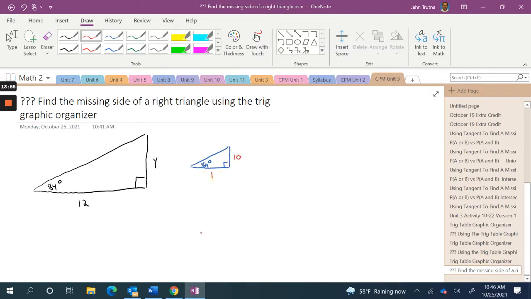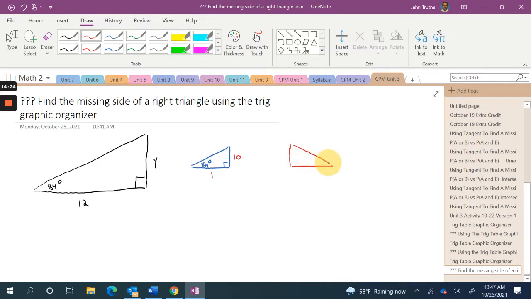Now, I do need to point this out when you do this. When you copy the triangle from the graphic organizer next to the given triangle, you have to orientate the triangle in the same manner. Does everybody know what I mean by orientate the triangle in the same manner? If you don't know, don't write this down, but this would not be how you would do it.